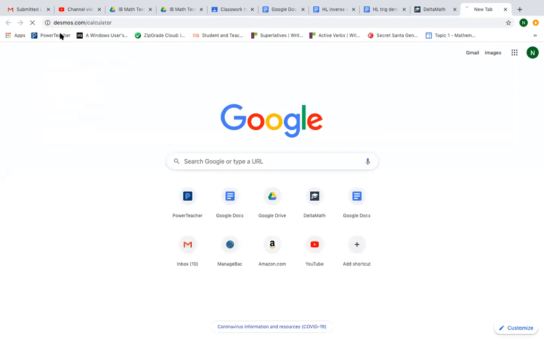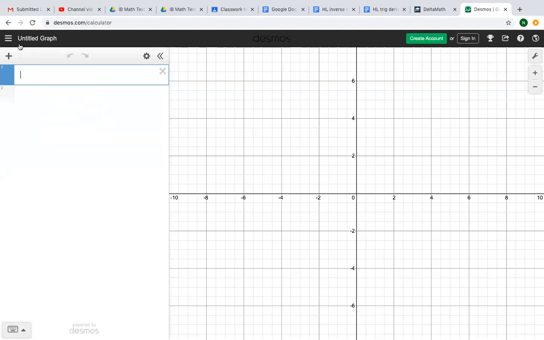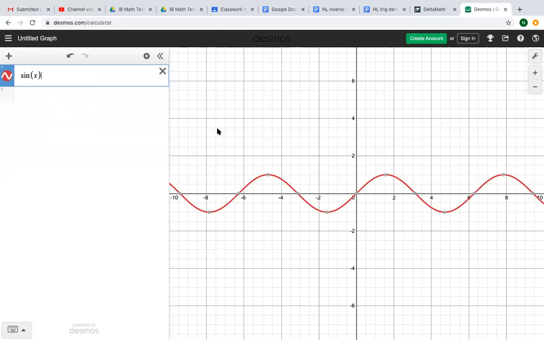If I pull up Desmos. When you graph sine of x, what is the slope here at negative pi over 2? 0. And the slope here? 0.